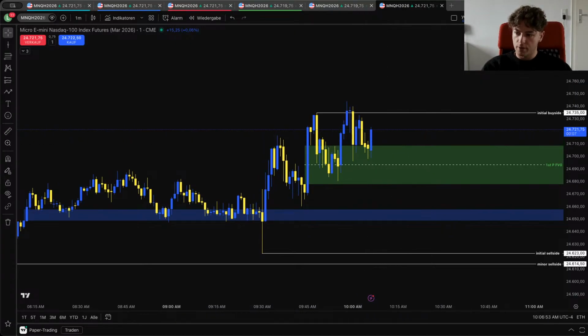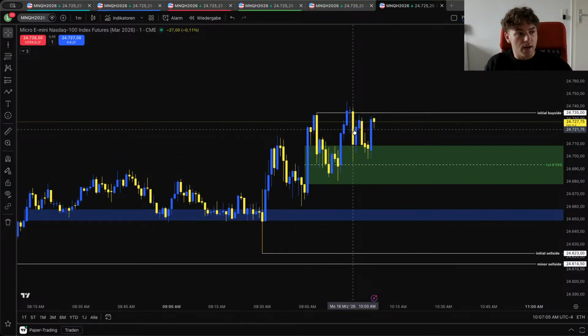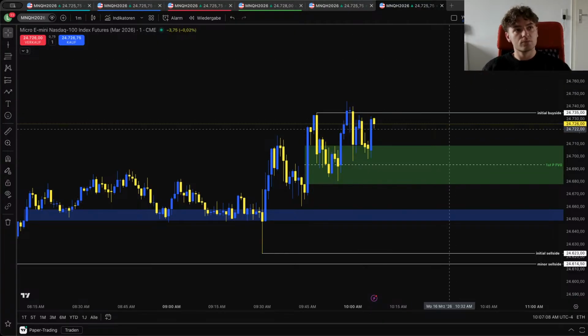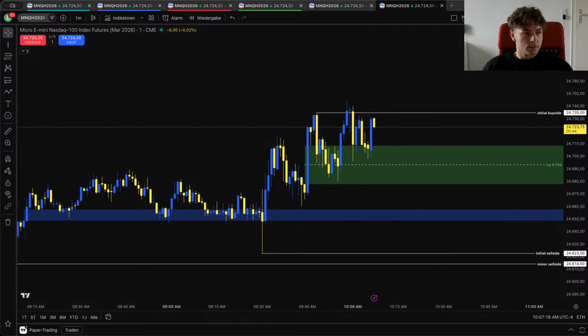I'm only sharing my own opinion. I'm not telling you to buy or sell. I'm just reading price action. And this still doesn't look too bullish for me now. So let's see, and stay patient.